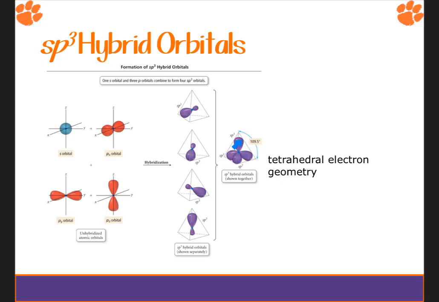And this is where the 109.5 degrees comes from, because maybe you were thinking, okay, I've got s orbitals and p orbitals, and I know these p orbitals are 90 degrees apart, so how in the world does that make up something that has bond angles of 109.5? Well, it's because it occupies hybrid orbitals. So sp3, something with 4 areas of electron density around it, makes that tetrahedral electron geometry, 109.5 degrees apart from one another.